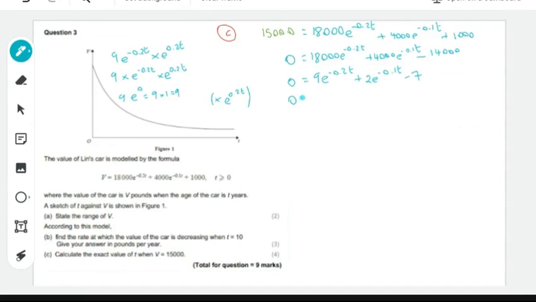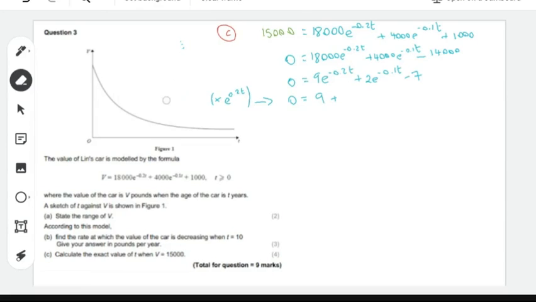So we got that. And then the next one. Any takers for the next one? 2 times e to the power of minus 0.1t times e to the power of 0.2t. I like that. I like how you're going through it systematically. Which is 2 times minus 0.1 plus 0.2.